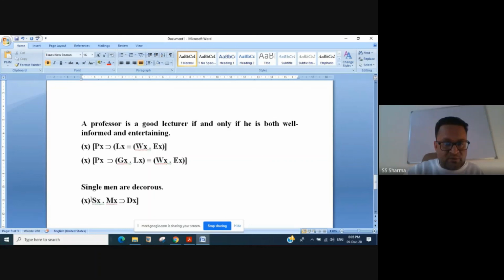So this is going to be the symbolization for this terminology. And why I'm giving you this example, because you need to understand that you cannot take single men as one terminology, because x is single and x is a man are two different things altogether. Here also it can be taken, good lecturer can be taken together, because x is good and x is lecturer, so x is good lecturer.